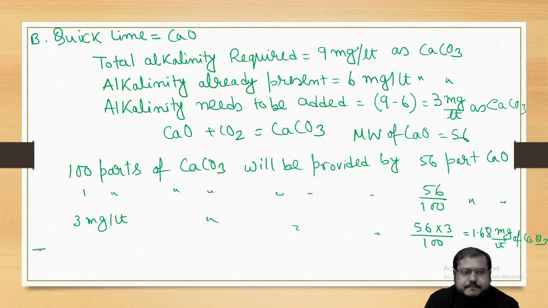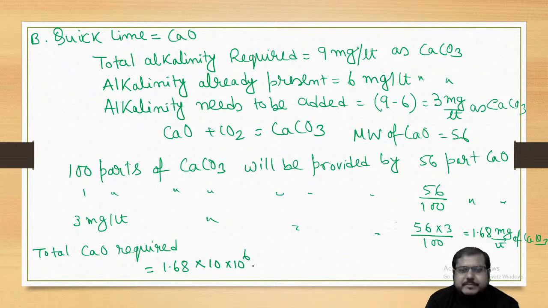So total calcium oxide required 1.68 milligram per liter into 10 into 10 to the power 6 liter per day. It's milligram per day into 365 as they're asking in year.